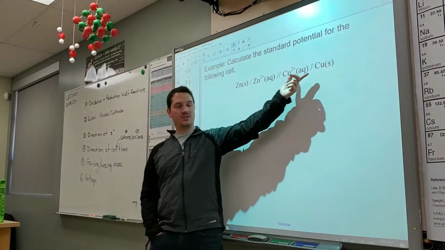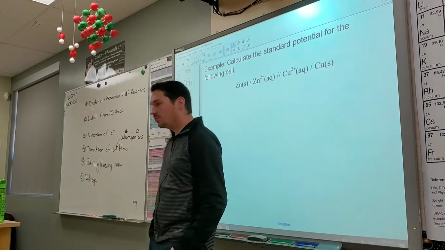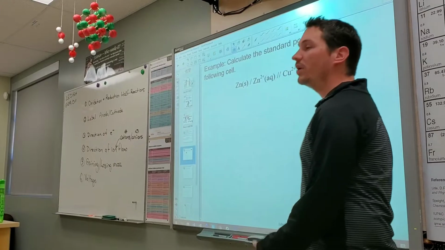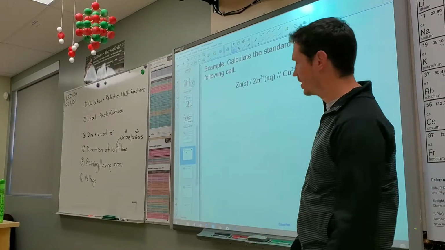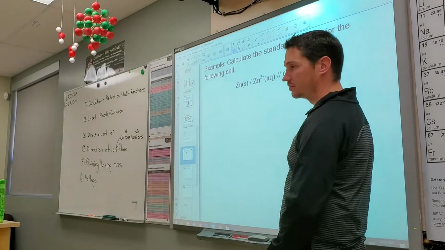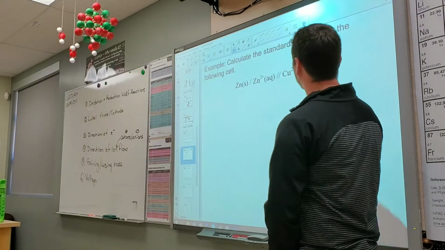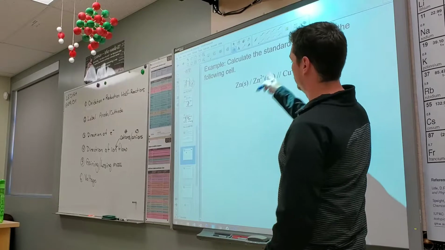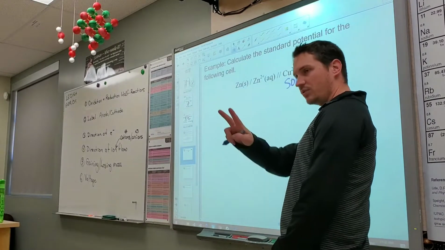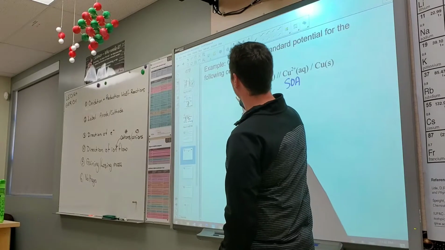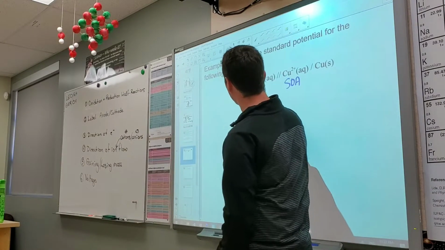Zinc. And here? We have copper. So which one of these is the strongest oxidizing agent and which is the strongest reducing agent? Copper 2 ions are the strongest oxidizing agent. Reducing would be the solid zinc.